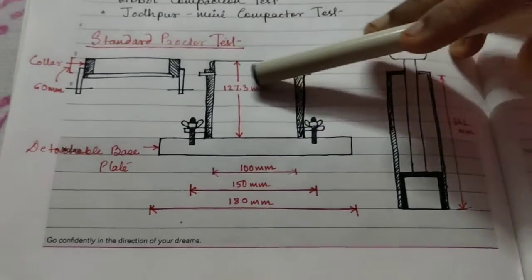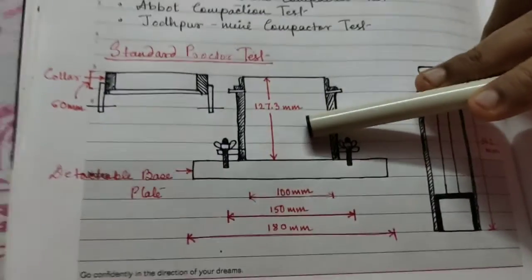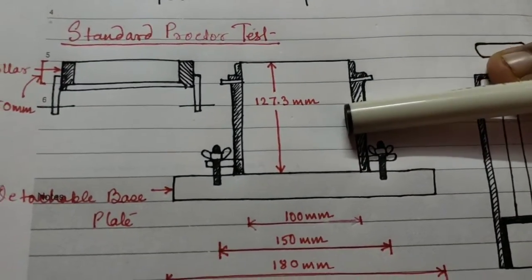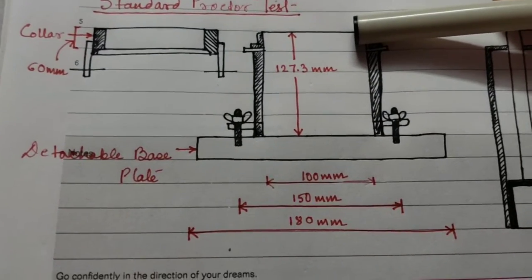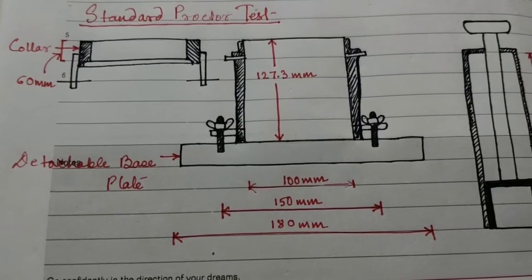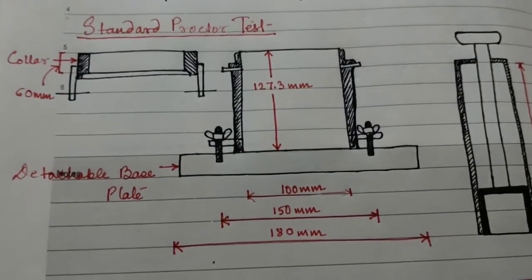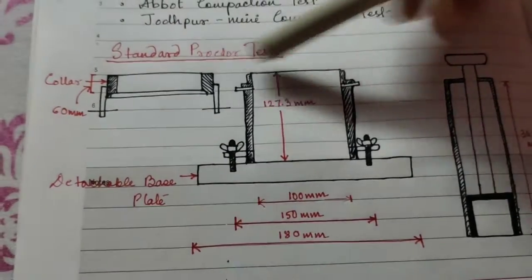Before putting the second installment of the soil, the top of the first compacted layer is scratched with the help of any sharp edge. The second and the third layers are similarly compacted. Each layer is given 25 blows. The last compacted layer should project not more than 6 mm into the collar.